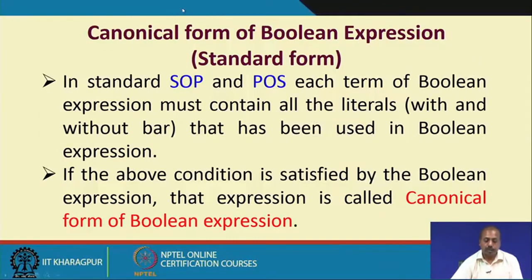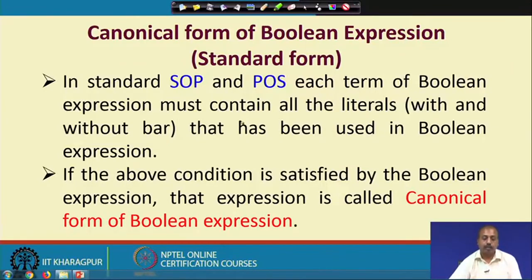But the problem with these forms is that they are not unique. For the same expression, we can have different forms. I will take an example and try to explain. Say I have the expression A B bar plus B bar C, or say B C bar. This is one form.